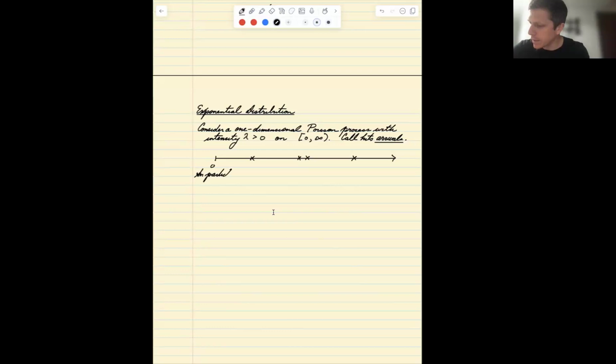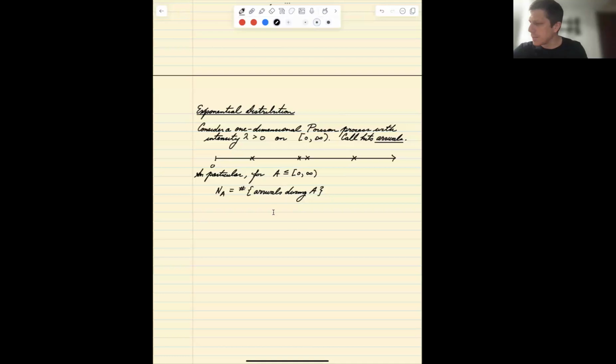In particular, we're going to define N sub A for a given set A. For a subset of the non-negative numbers, N sub A is going to be the number of arrivals that occur during A, so to speak.